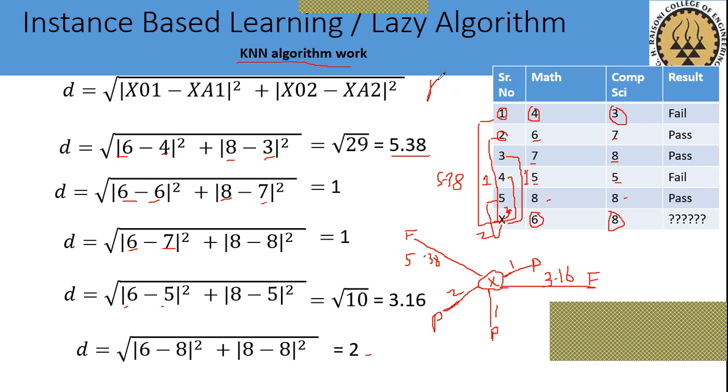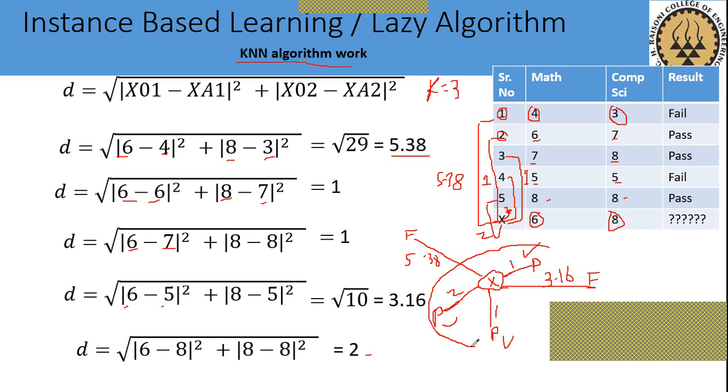So what is the value of k? k is equal to 3. So we are considering only the 3 nearest neighbor elements. As k is equal to 3, I am selecting this as my neighbor, he is my neighbor, and he is my neighbor.